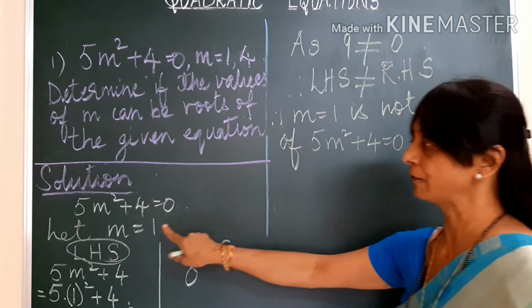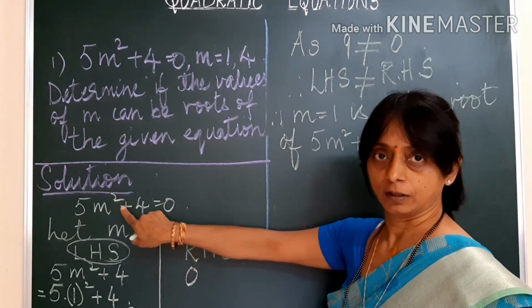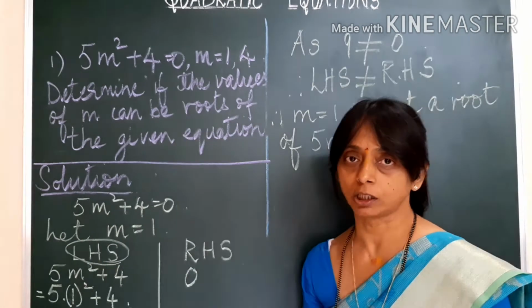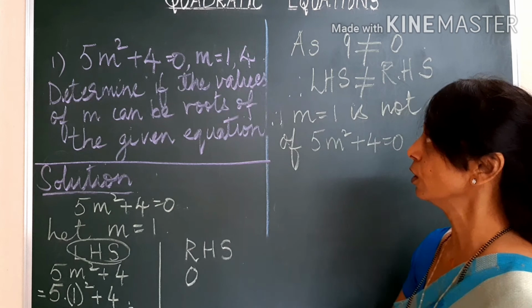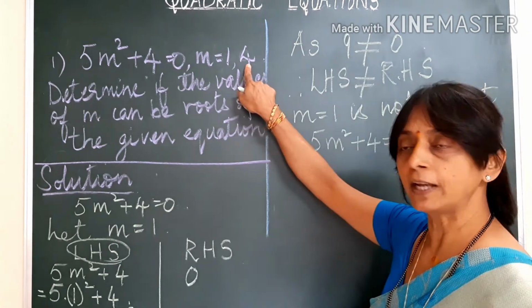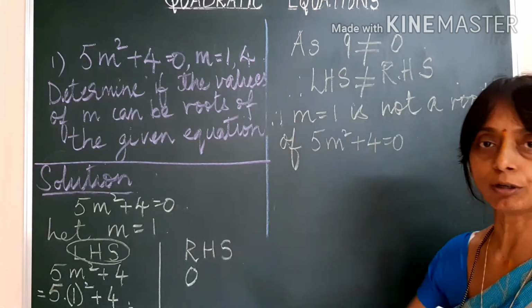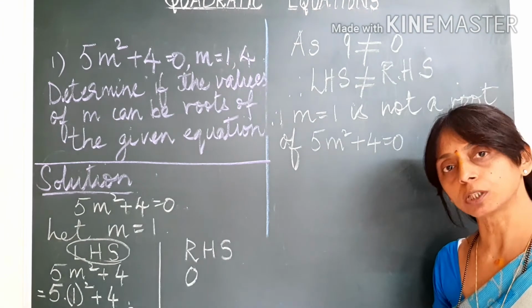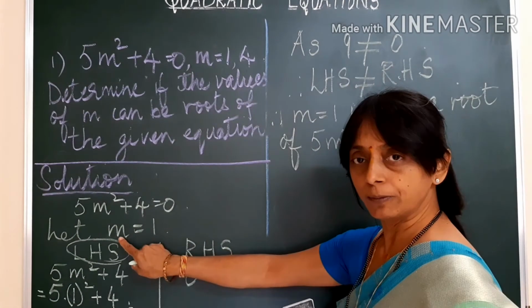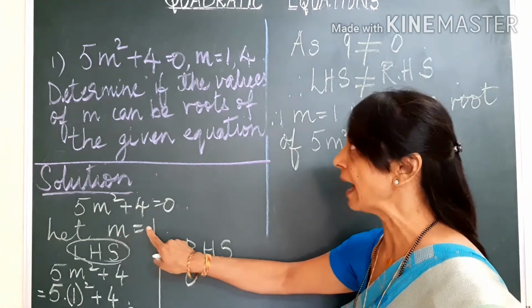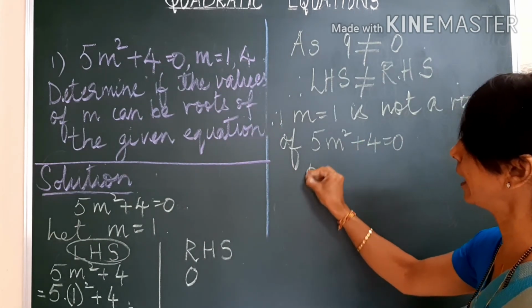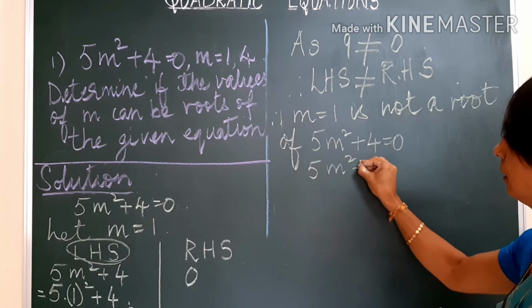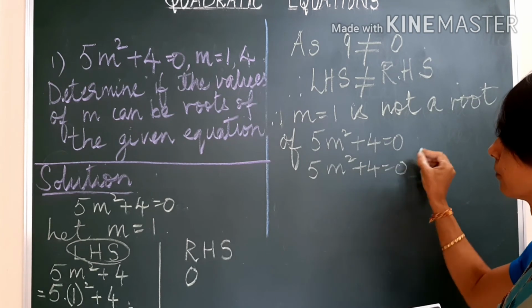So in case of the first value, we have got that it is not a root. Similarly, have we ended with this problem? No. We have one more value to find out. So again, let's repeat the same steps. But what is the difference? Here we will substitute the value of m as 4. So let's start, children. Again, I rewrite the equation.